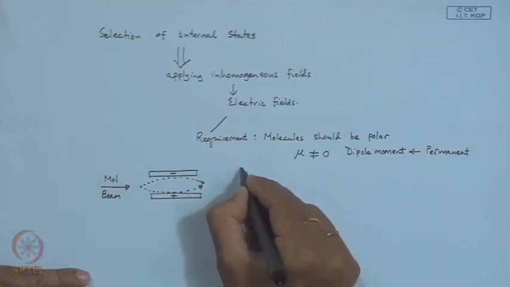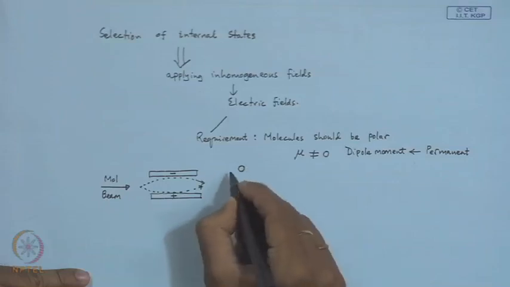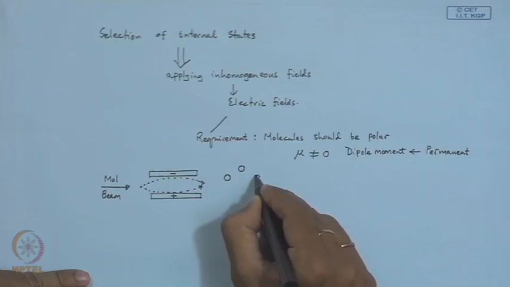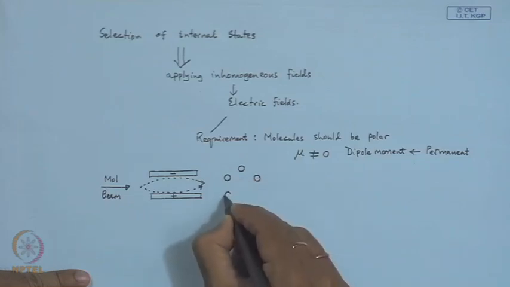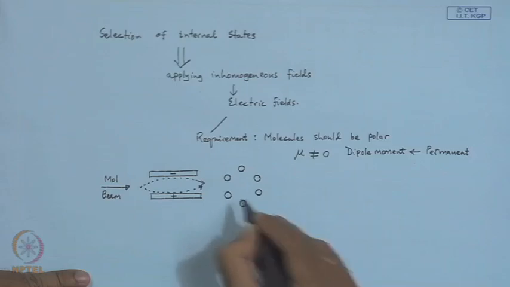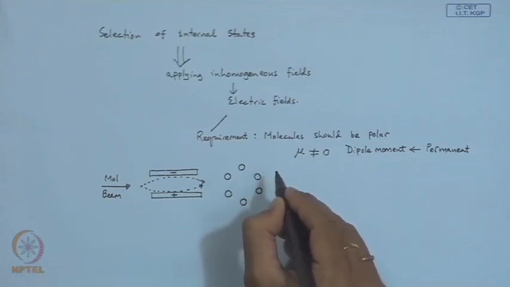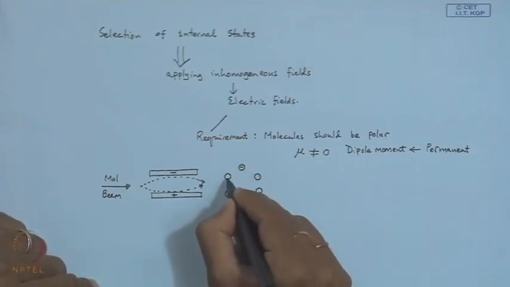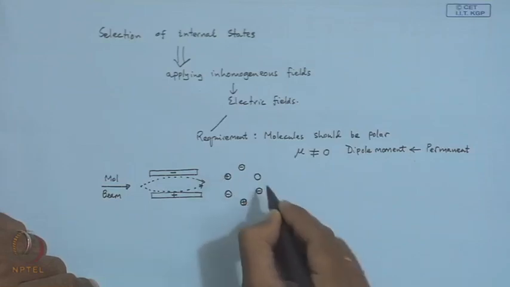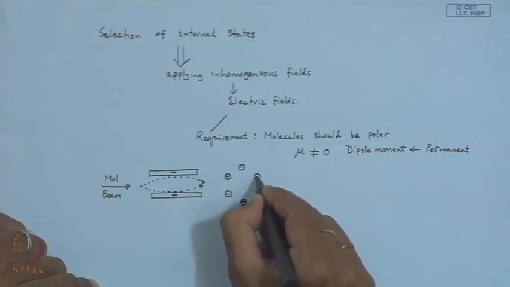something like hexagonal, alternate plus minus. This is plus, this is minus, this is plus, this is minus, this is plus.